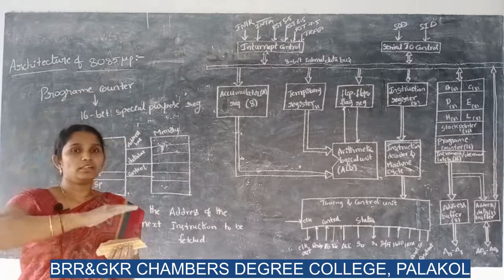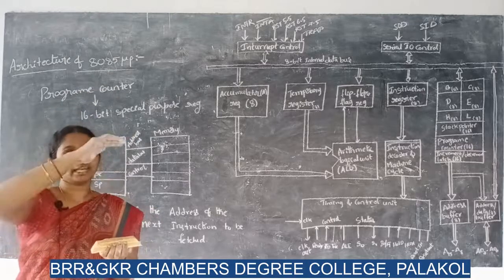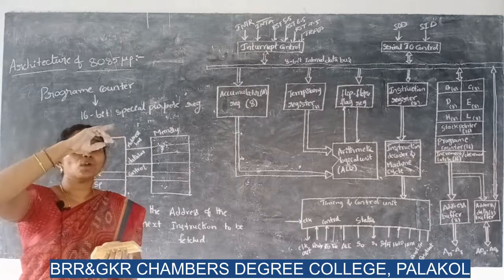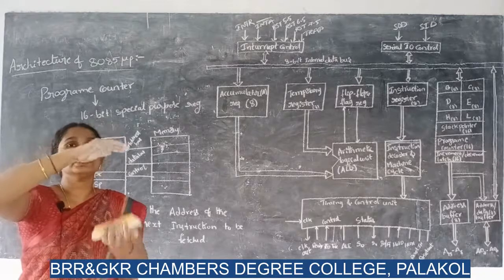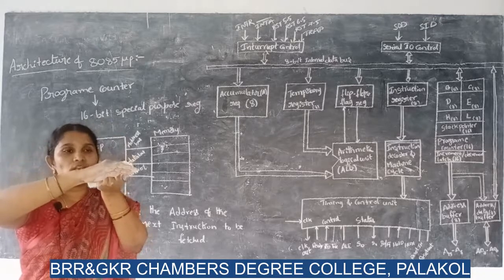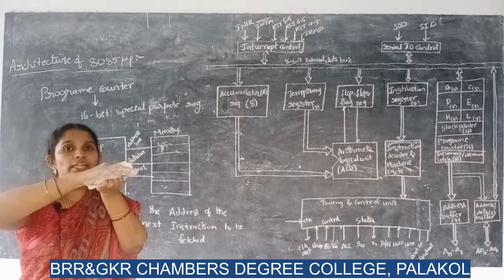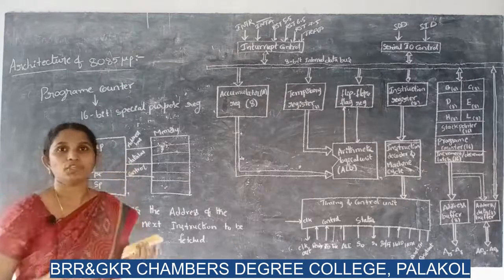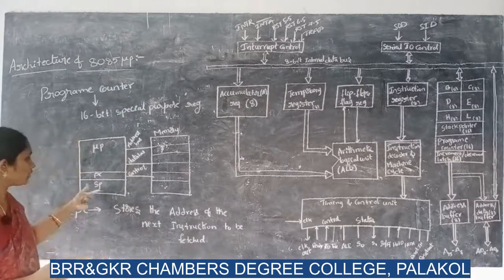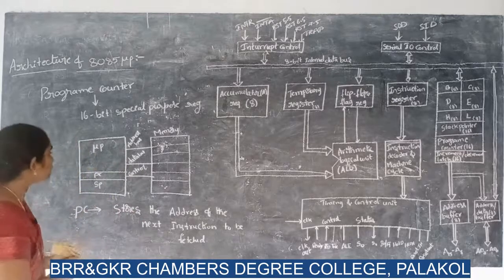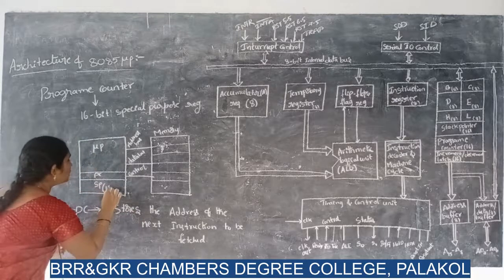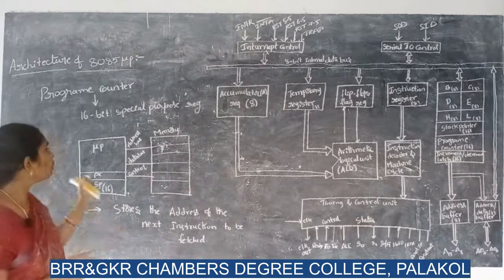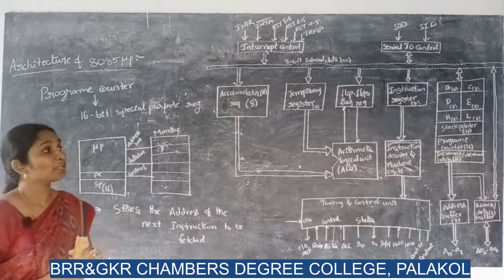Likewise, in stack order we are arranging. So a stack pointer will store the address of the most recent entry. That is nothing but a stack pointer. The stack pointer is also a 16-bit special purpose register. Okay, so these are the special purpose registers.